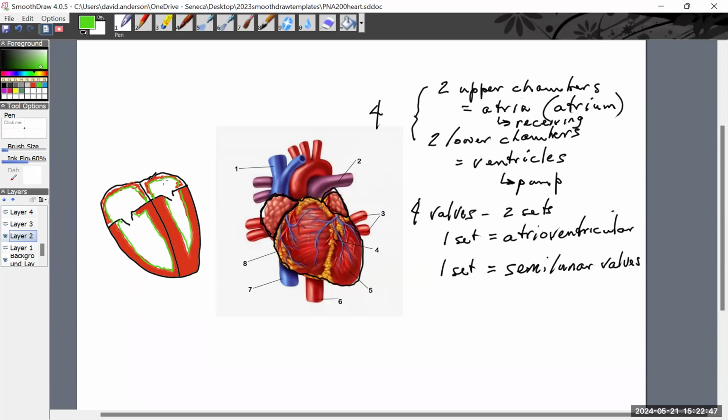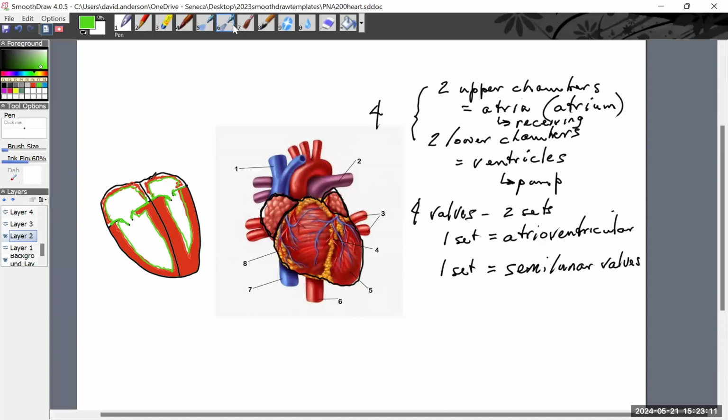So the black lines represent the pericardium, the red represents the myocardium, and the green is our endocardium. So our valves are going to be extensions of the endocardium, the innermost lining.